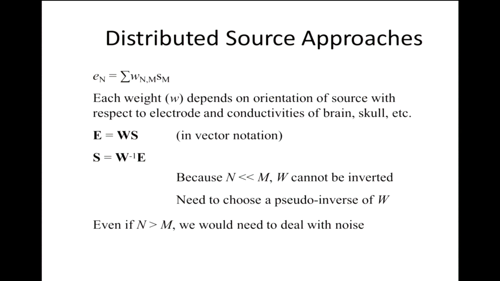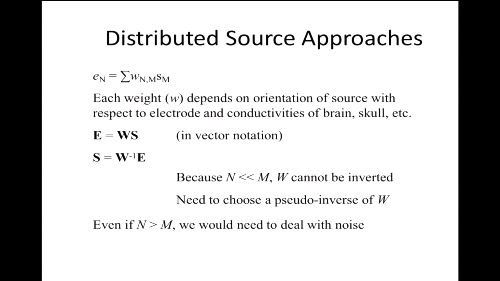Now if you formulate it in this very general framework, each weight W primarily depends on the orientation of the source with respect to the electrode and the conductivities of brain, skull, white matter, gray matter, cerebrospinal fluid, and so forth. That's your observed signal, that's the weight matrix, and this is your source. Very simple formulation. What you want is to take the inverse.